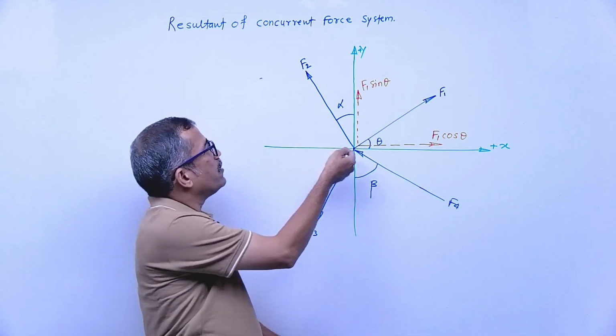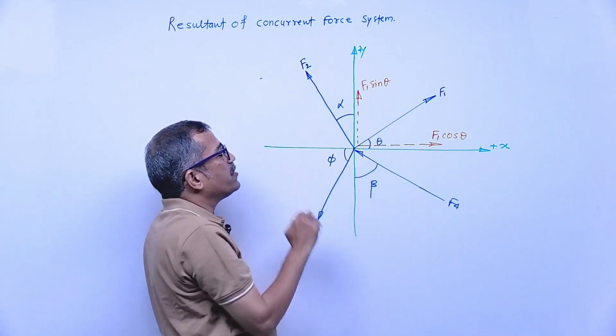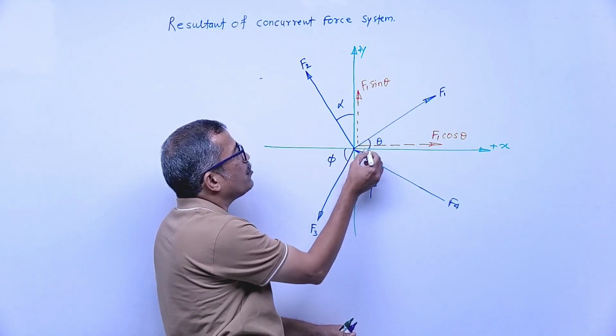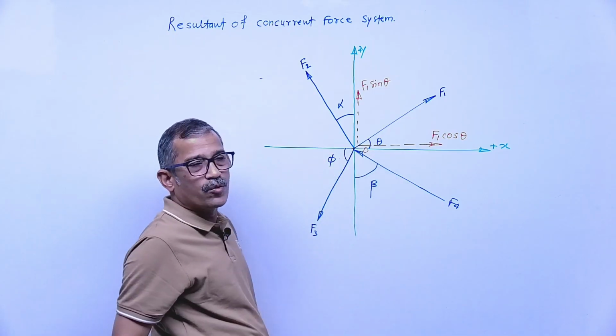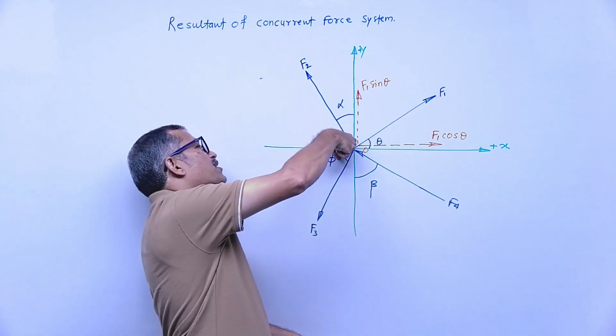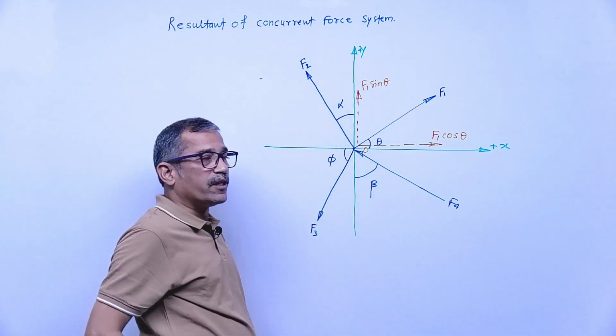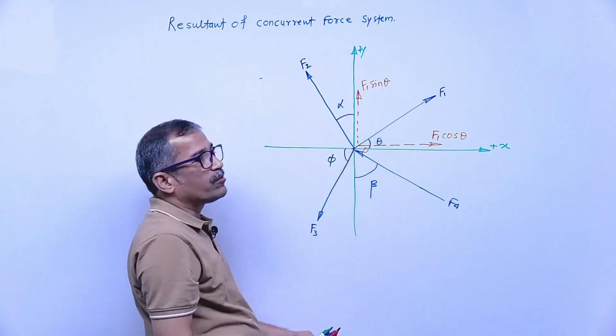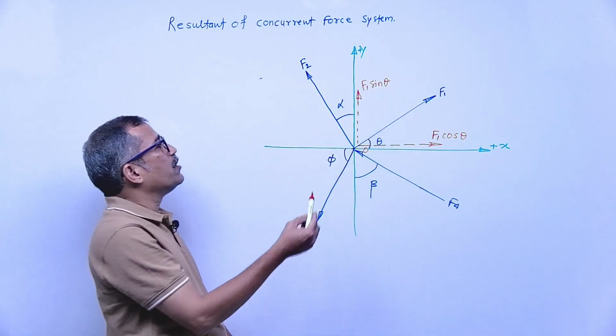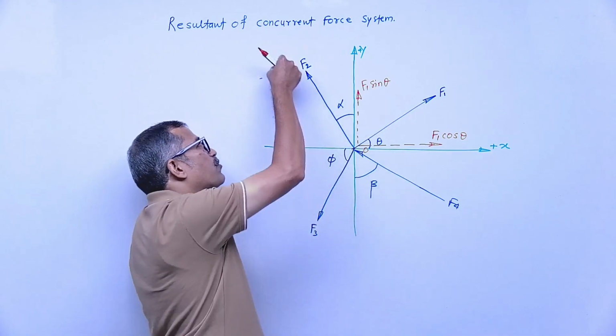Clear? Next force F2 acting at this point, say the name of this point is O, the point of intersection of the axes, the origin. What is the nature of the force? Away, meaning pull in nature. The angle is given with vertical. The given force is away from the body, pull in nature.